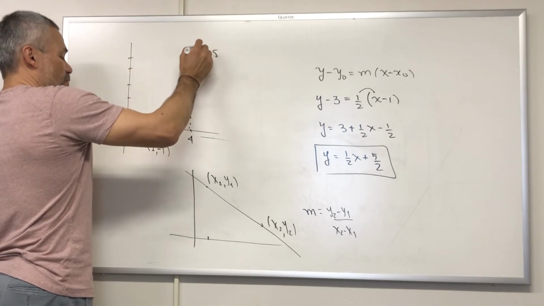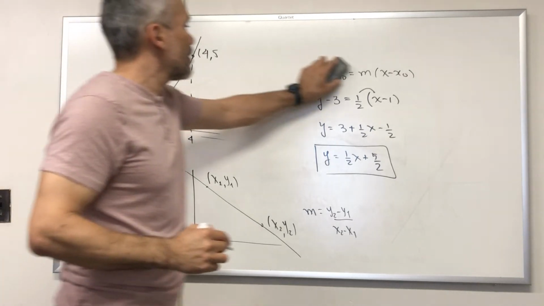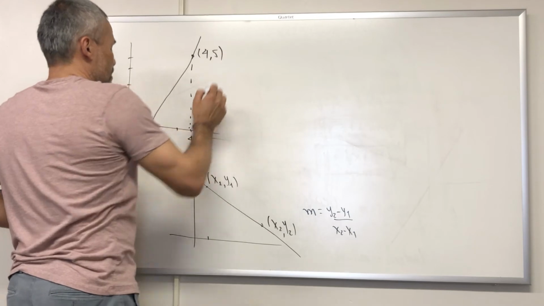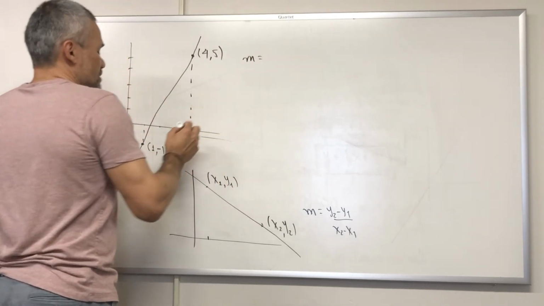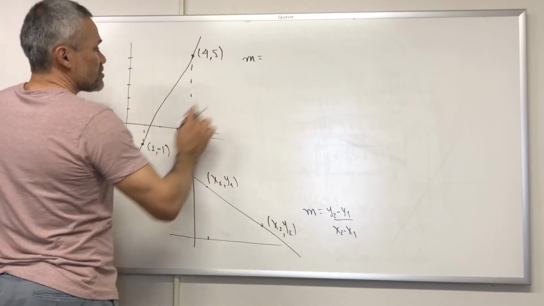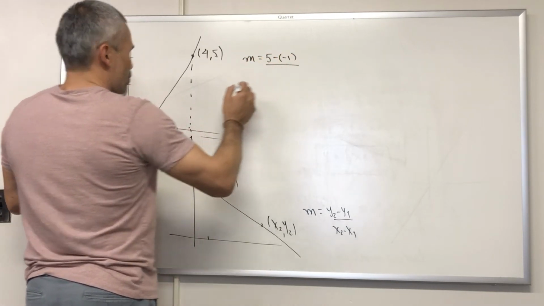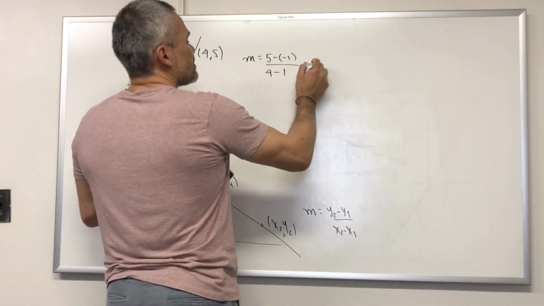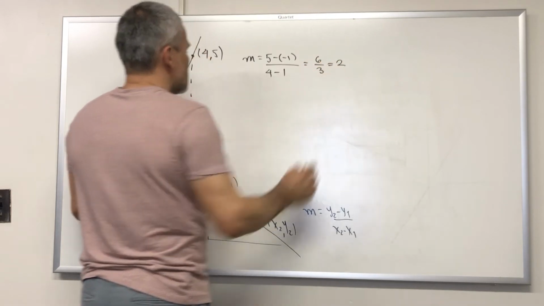Then let's find the equation of this line. Then what we do is we first find the slope. The slope is, let's say, 5 minus -1 over 4 minus 1. This is 6 over 3, which is 2.